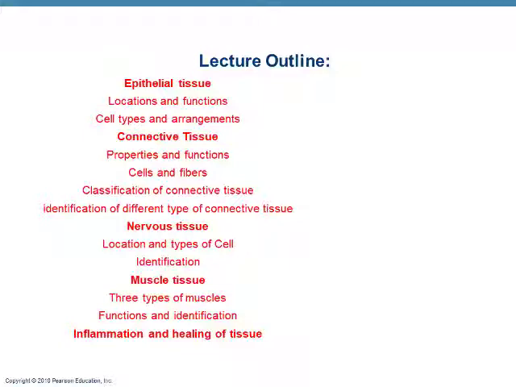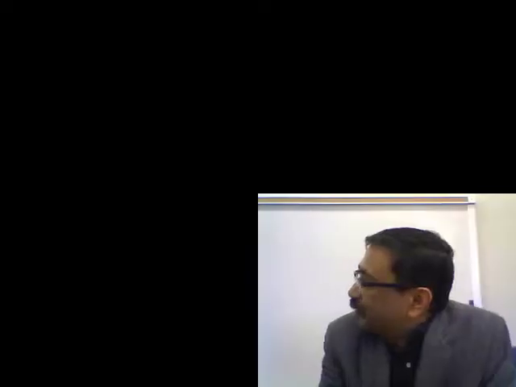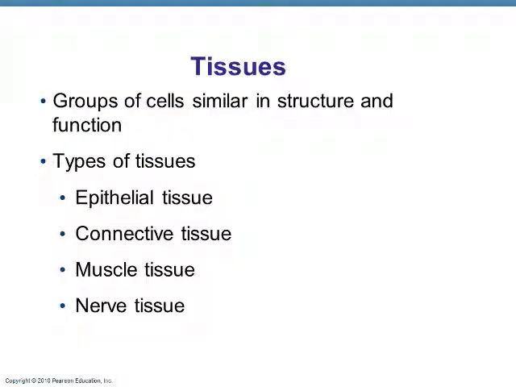We'll see how we classify the tissue. 4 different types of tissues are epithelial tissue, connective tissue, nervous tissue, and muscle tissue. So we'll talk about those. So these are 4 different types of tissues: epithelial, connective, muscle, and nerve or neural tissue.